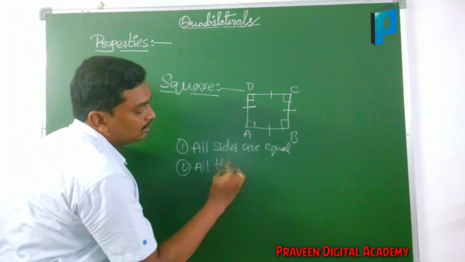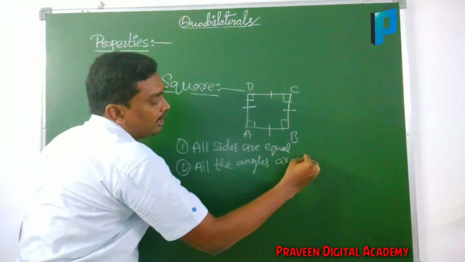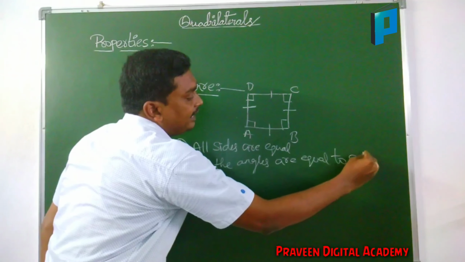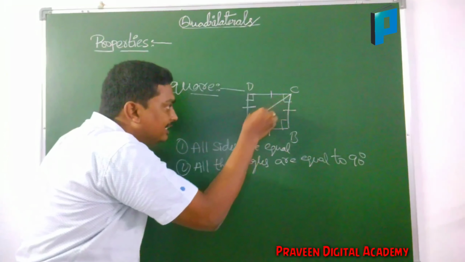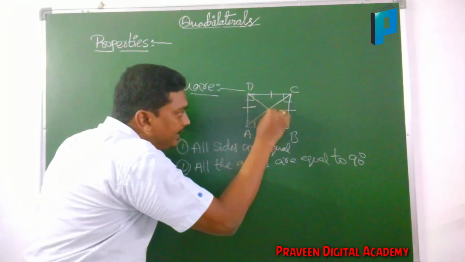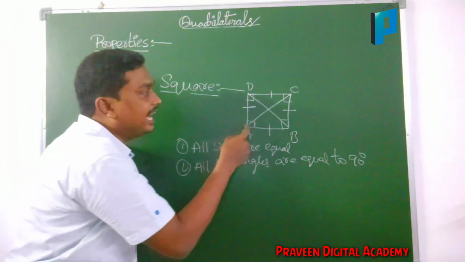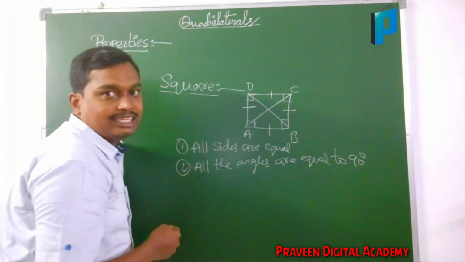All the angles are equal to 90 degrees. And here AC and BD both are called diagonals, and these diagonal lengths are also equal in a square.